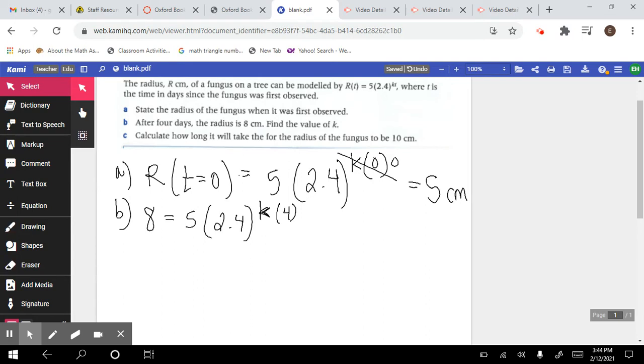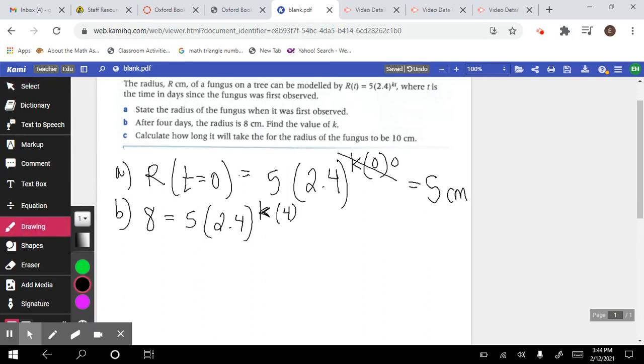So starting off, we are going to divide by 5. So we have 8/5 equals 2.4 to the 4k up top. So in this one, we're going to go ahead and do log to both sides now that our base is the only thing on the right side in order to bring down the k on a non-power level.